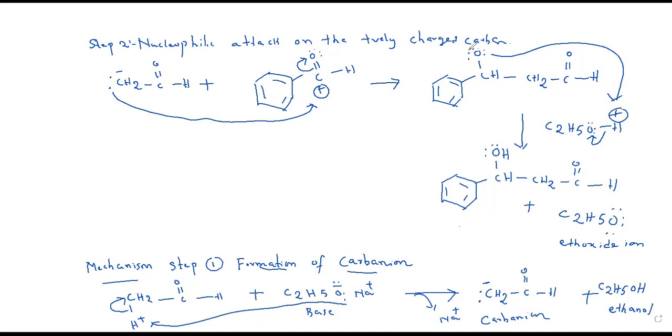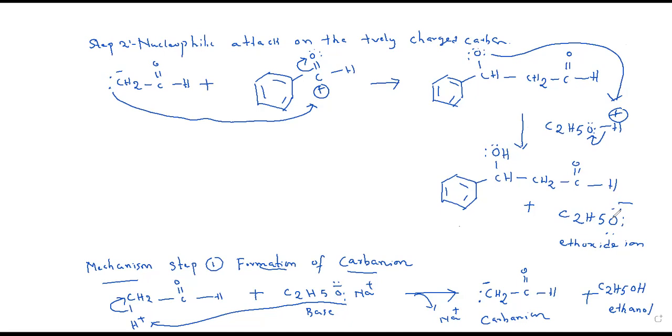As oxygen is having 3 lone pairs of electrons, this oxygen will donate 1 lone pair of electrons to this electron deficient hydrogen atom. Therefore, OH will be formed. So this oxygen will take away the hydrogen atom from here to form OH. Okay, and the rest of the structure is the same, CH2, C double bond OH. Plus you are going to eliminate the ethoxide ion outside with a negative charge.